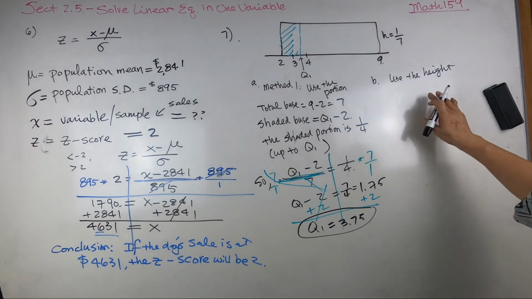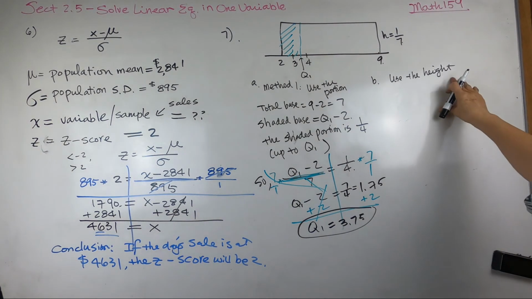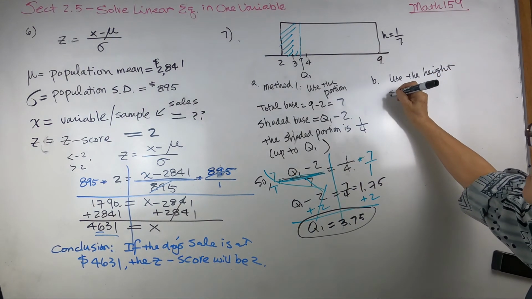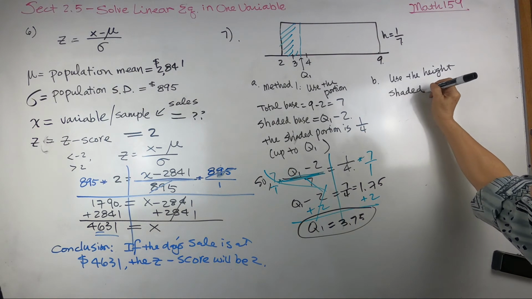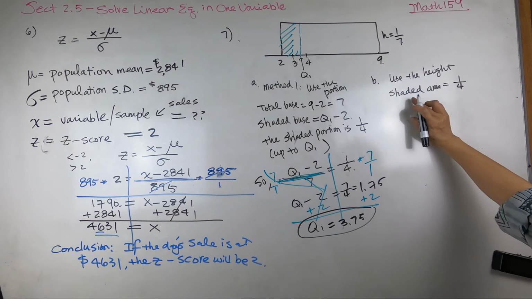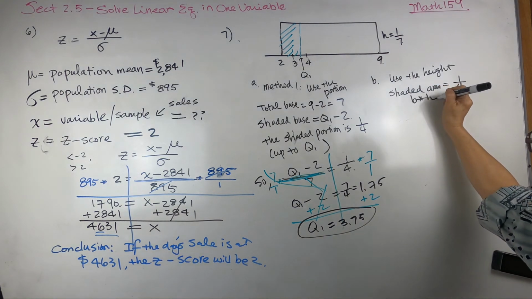Okay? Then for your homework example, we use this method. Use the height. So we say the shaded area is what? A quarter, right? The shaded area is base times height.